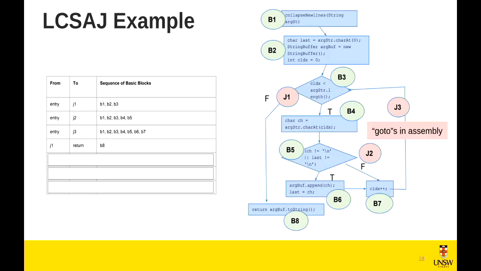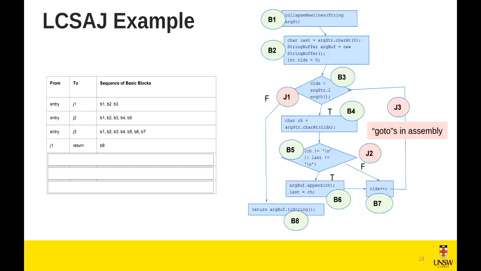So we are dissecting this entire control flow graph according to these jumps, according to these branches, so we can convert them into linear segments.